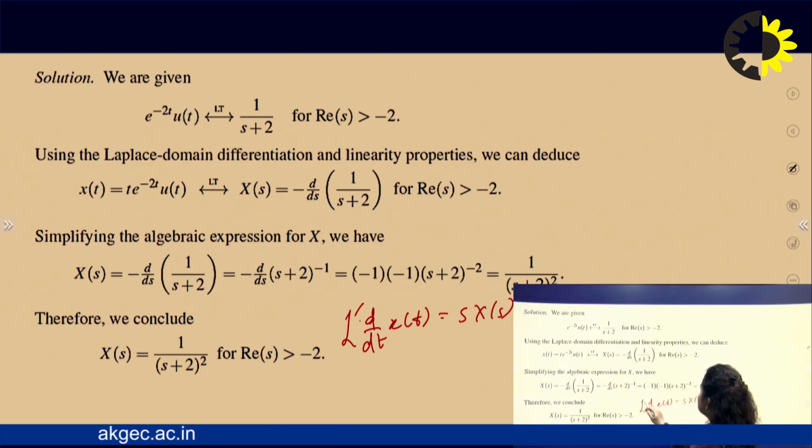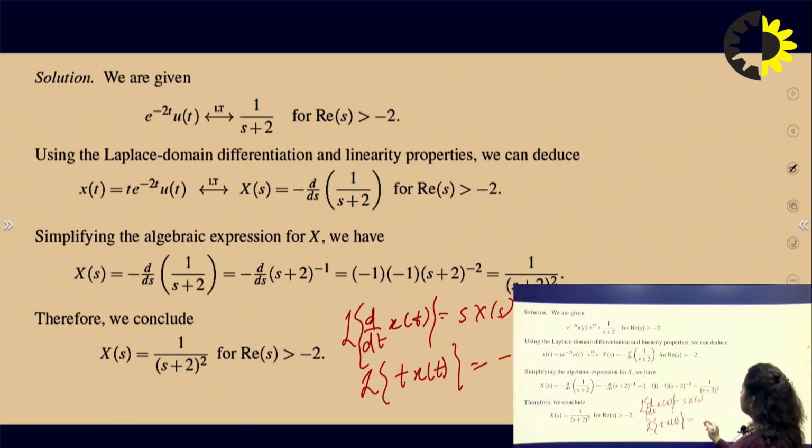Another property is the Laplace transform of t x(t), that is minus d by ds of X(s). There are two properties: this is time domain differentiation and this is frequency domain differentiation.